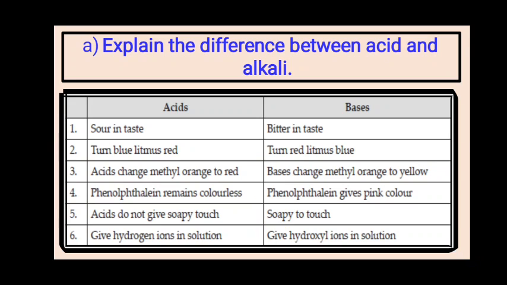So, bases are like that, but acids are not soapy. Acids give hydrogen ions in solution, that is H+ ions, and bases give hydroxyl ions in solution, that is OH- ions. So, this is the difference between acids and bases, that is acids and alkalis.